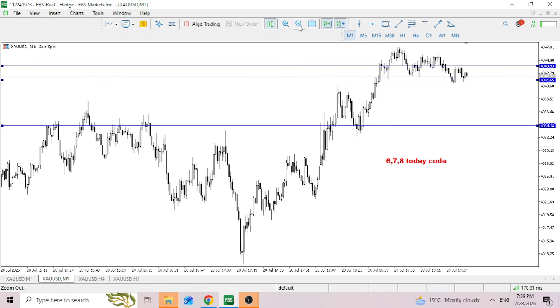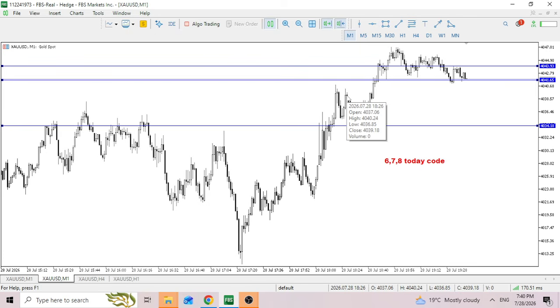First things first, open your eyes. You're going to open a candle. It provides you with 4 things. It will give you an opening price, it will give you a high, it will give you a low, and it will give you a close. That is the data which Big Boss works with.